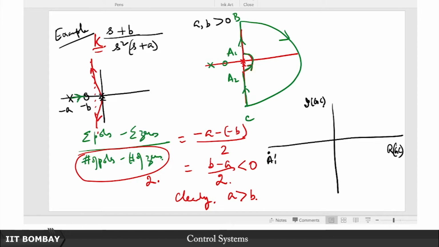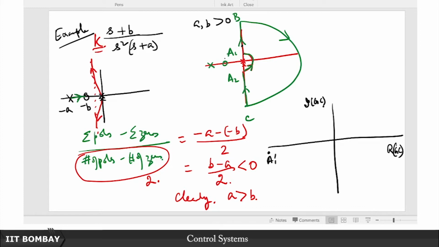Now as I go from A1 to B, what happens? Again as before, these two will keep contributing throughout this whole segment from A1 to B. You pick any test point, the angle contributed by these two factors, that is this S squared, is always going to be the same minus 180 degrees. But what about this?